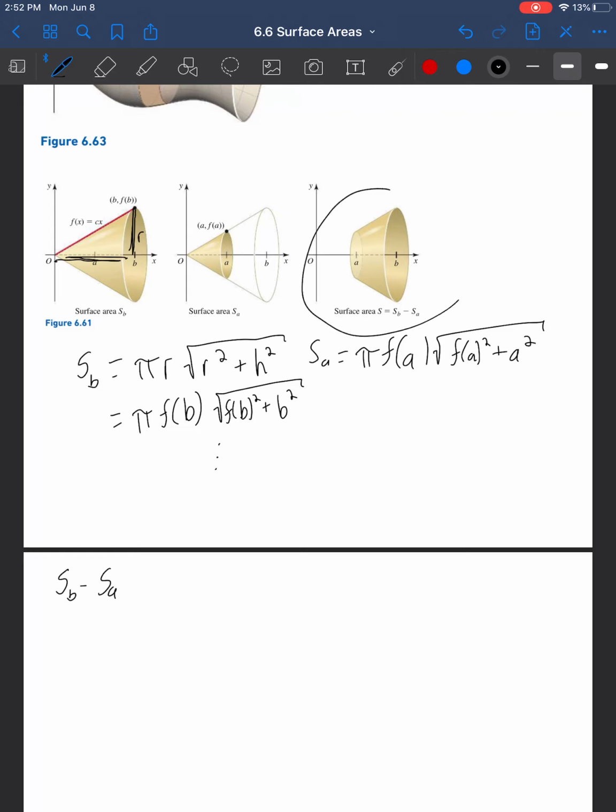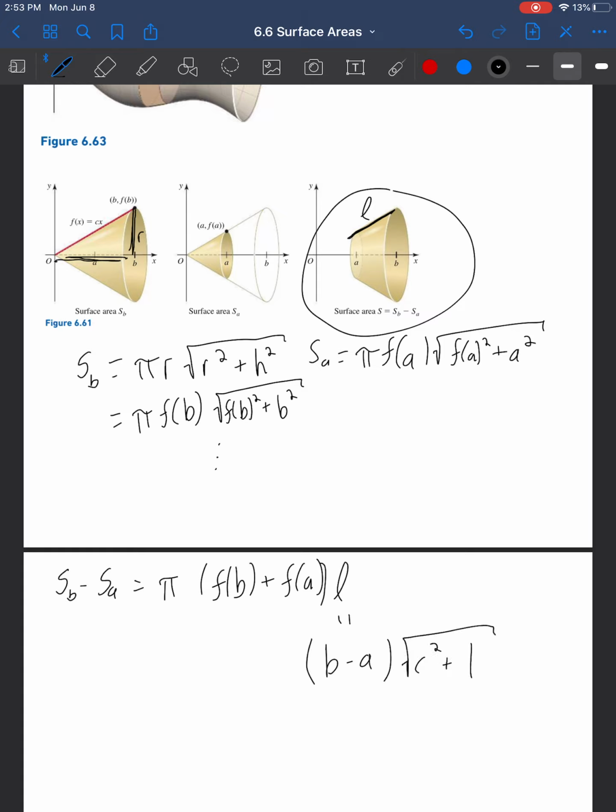But if you take this and you subtract s sub b minus s sub a to get this surface area right here and do some algebra, well, this is just going to be pi times f of b plus f of a times the length of the segment right here, where this length is going to be L. And we can write out the formula for L as being b minus a times the square root of c squared plus 1, where our function is given by c times x.